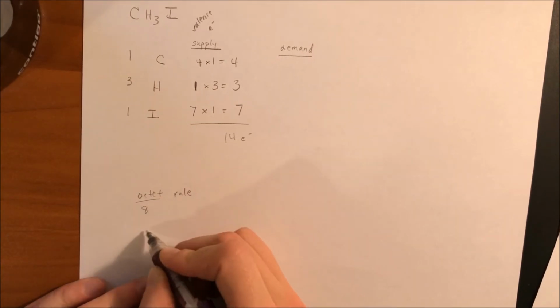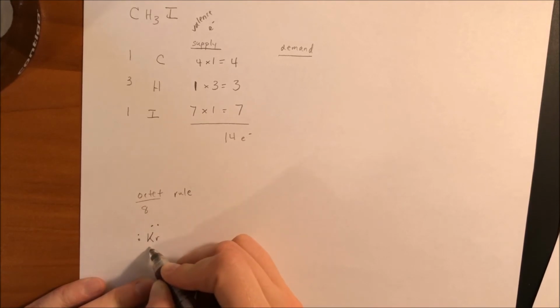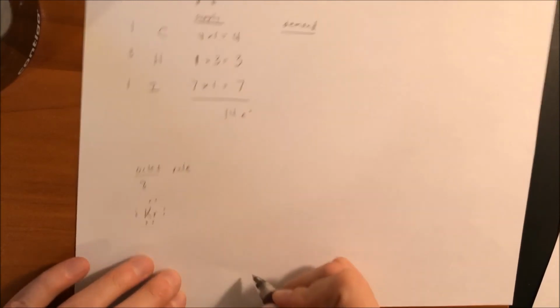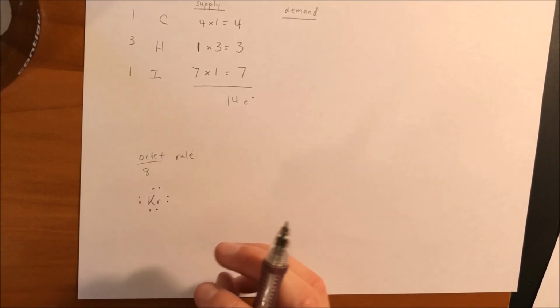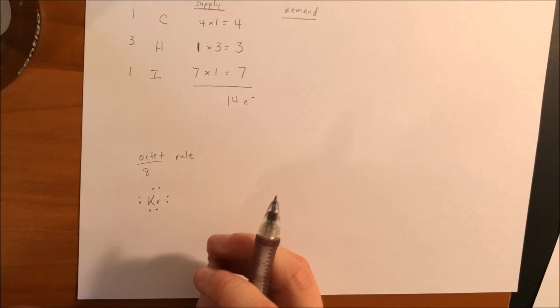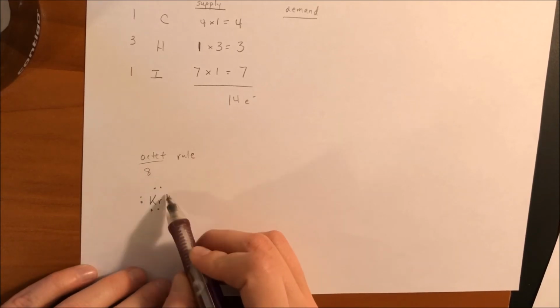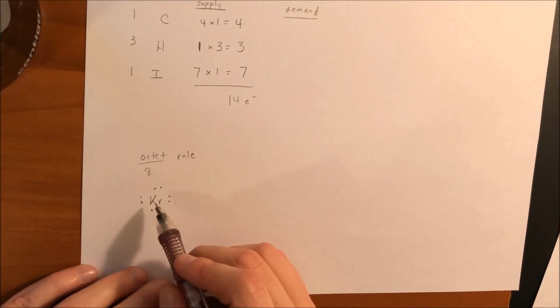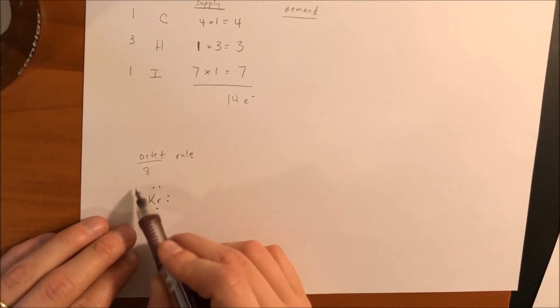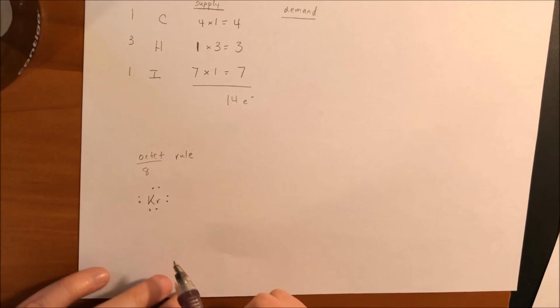Now an octet just means 8, and that's kind of like what we looked at earlier when doing our electron-dot diagram. So this would be an octet of electrons, just like you can have an octave, which is 8 notes in music, or an octopus with 8 legs. So an octet is 8 valence electrons. So for most atoms, this is kind of the ideal, most stable state.